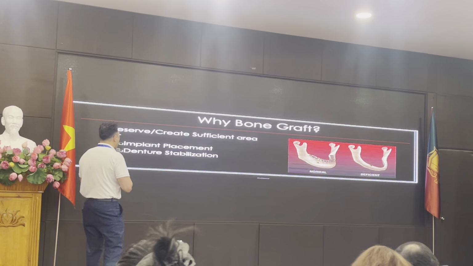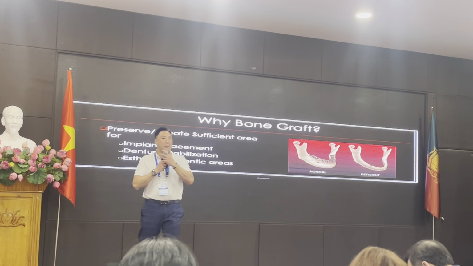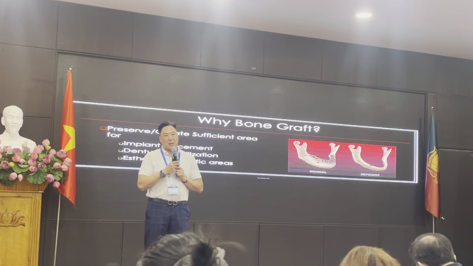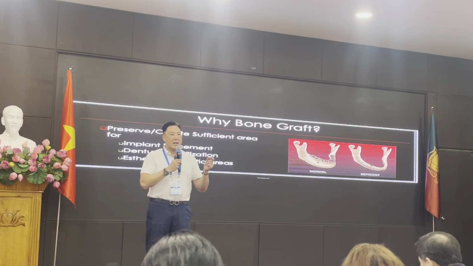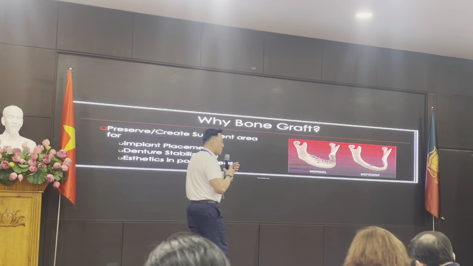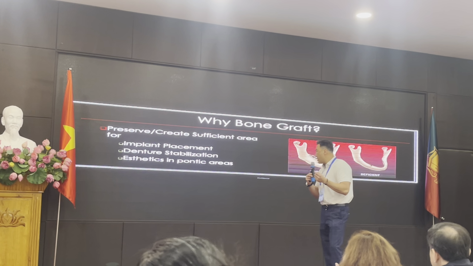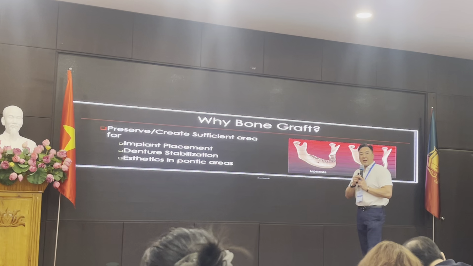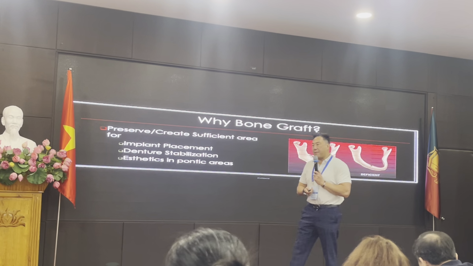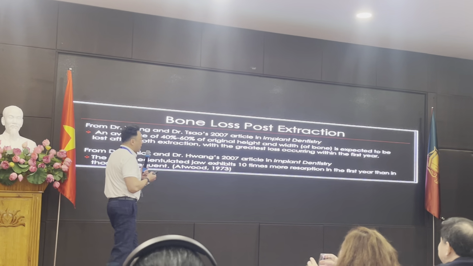And even today, aesthetics in the premaxilla is a big reason why we may want to bone graft. Even if you can't place implants, if we can build the foundation to support the prosthesis, whether it's a denture or a fixed bridge, even to improve the aesthetics, we can use bone grafting procedures to help build that foundation.